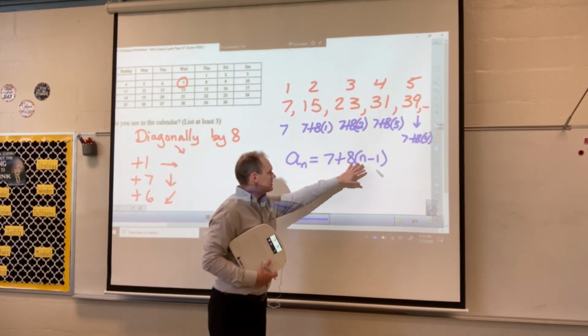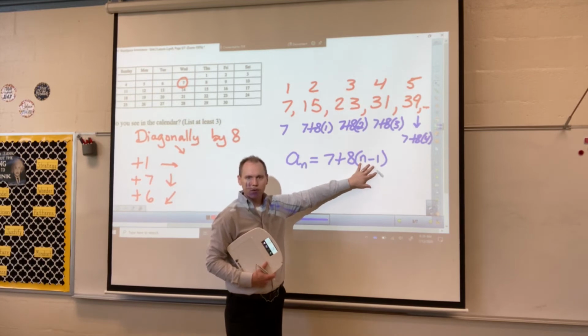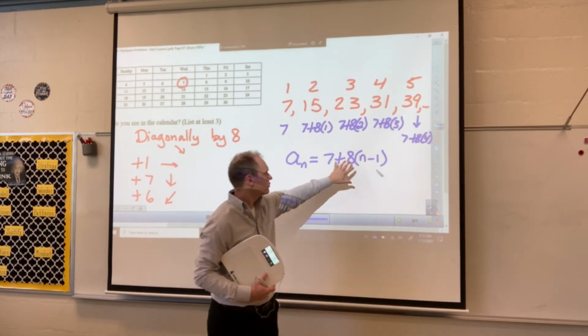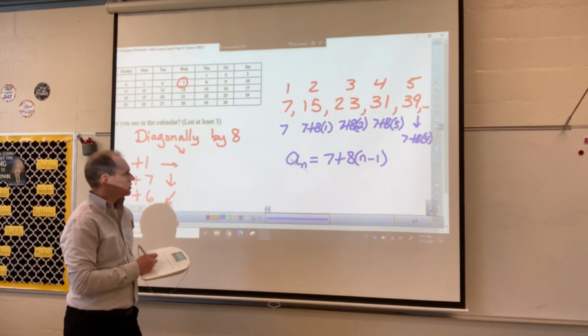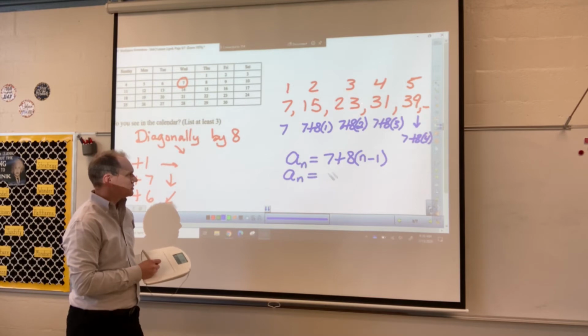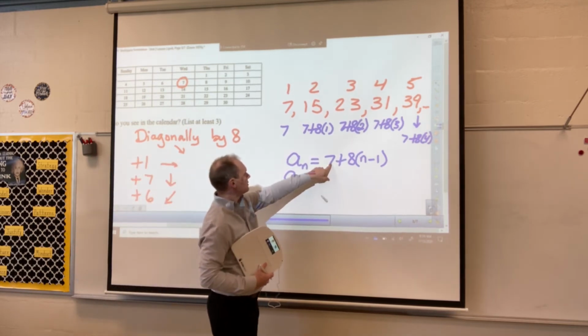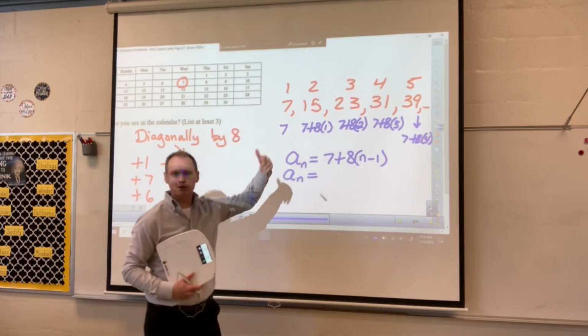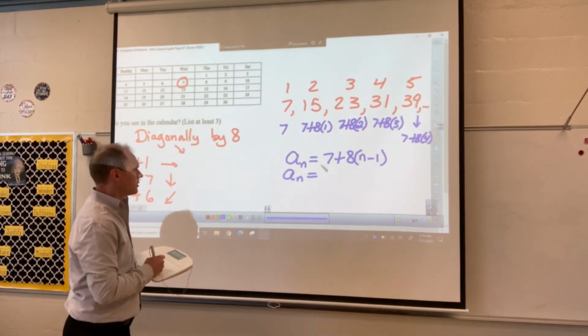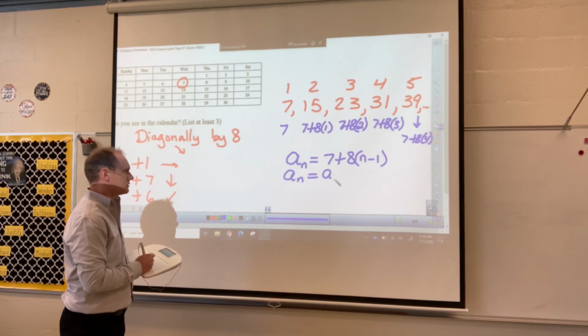And you probably haven't seen something written in this form before, but this is one of the versions of what we call an arithmetic sequence. So if we were to generalize this, we would say a sub n equals, what did 7 represent? Yeah, the first term in this sequence, right? So we're going to call that a sub 1.